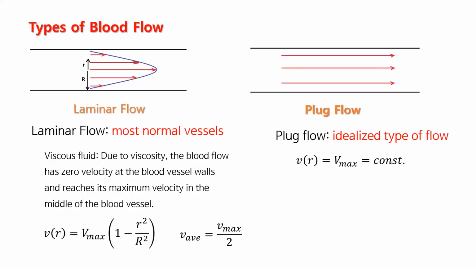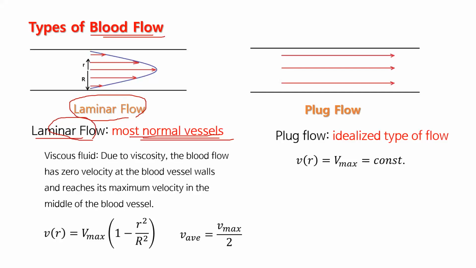Now let's see the types of blood flow. First, let me see the laminar flow. Laminar flow is seen in most normal blood vessels. In normal vessels, the blood flow is laminar flow.